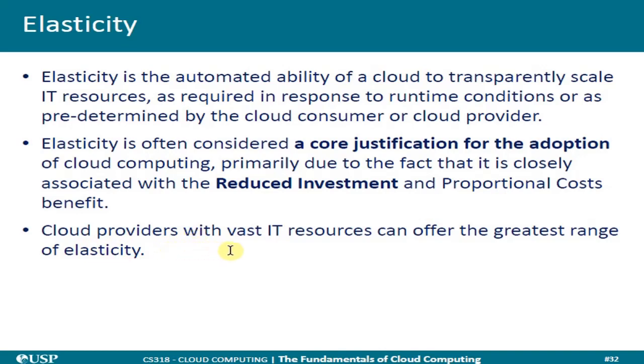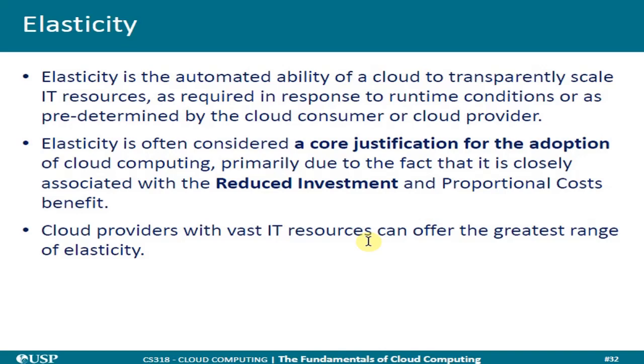Right, so cloud providers with greater IT resources, with more resources, can offer the biggest range of elasticity, because if you have a lot of resources, you can always just provide less and not provide all of them.